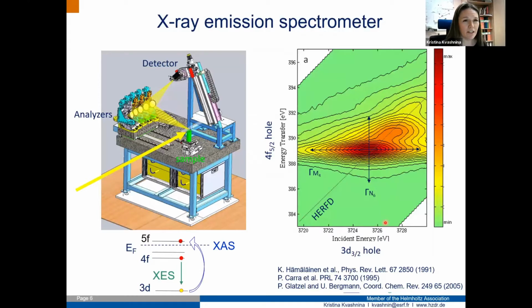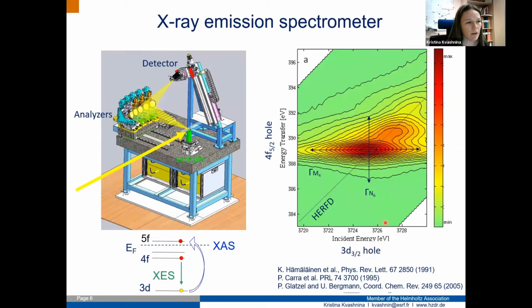There is a well-known technique where you don't record absorption data in the standard, classical way. You don't record all the fluorescence, but you select a particular channel by choosing a crystal analyzer and X-ray emission spectrometer.